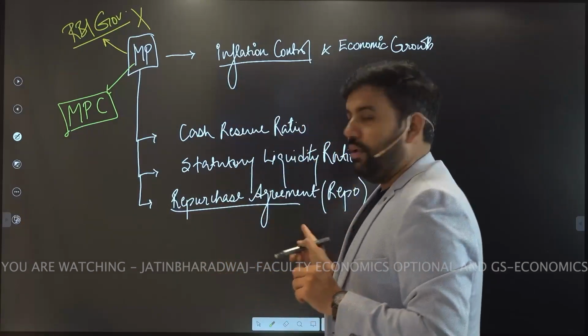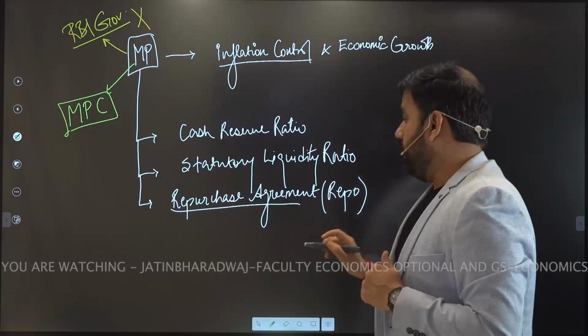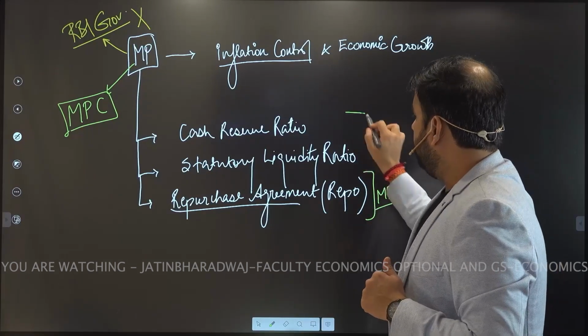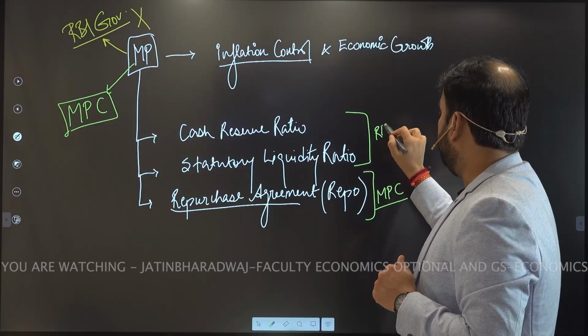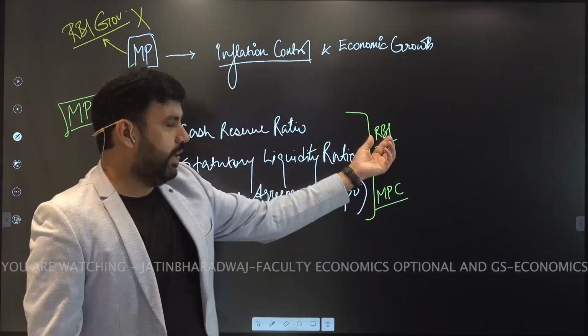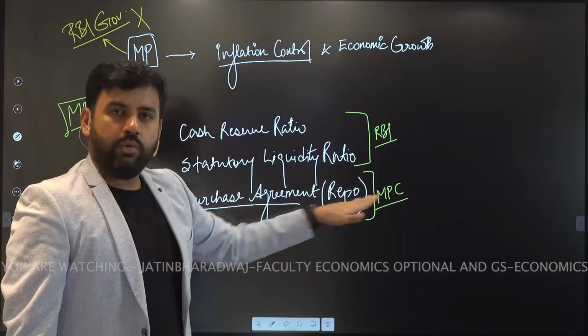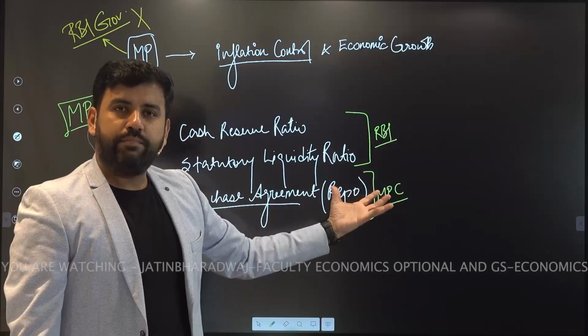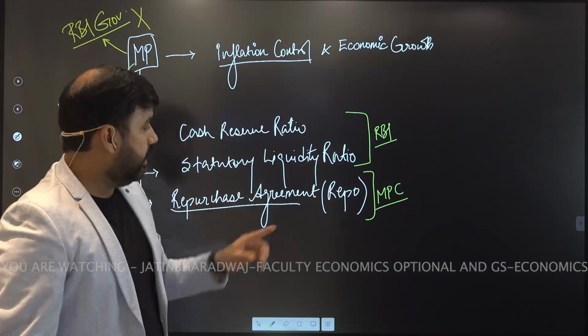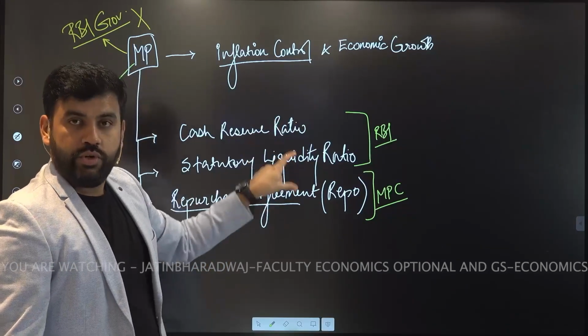See, in these three cases that we are going to discuss today, this is the target of the Monetary Policy Committee. These two are still under RBI. So RBI decides on its own, right? This is how monetary policy is decided and policy rates are being decided. So let's understand this. And secondly, these two, that is the first two, right?